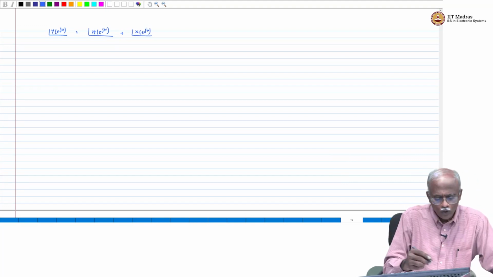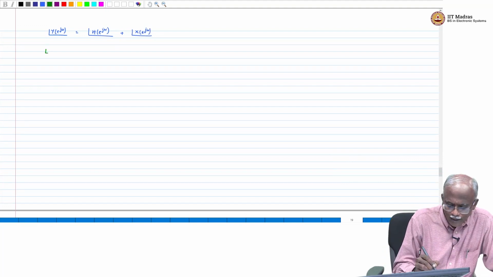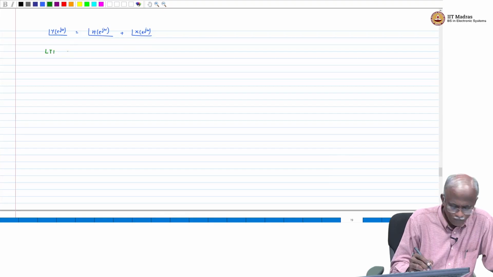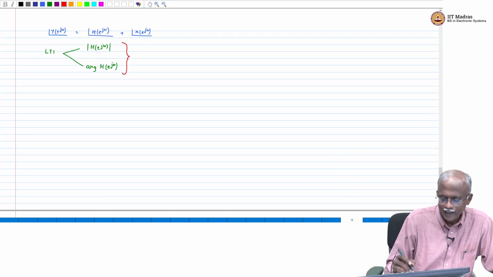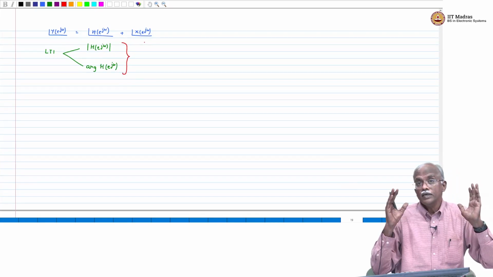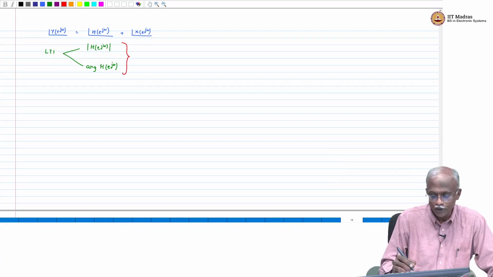Okay, so when you look at an LTI system, we say that we will look at it in terms of the magnitude response, magnitude of H(e^{jω}), and its phase response, argument of H(e^{jω}). And in both these cases, there may be desirable changes that you are introducing, right?